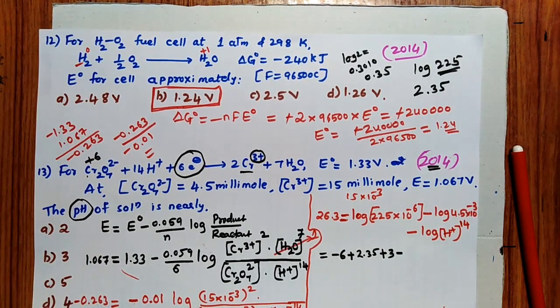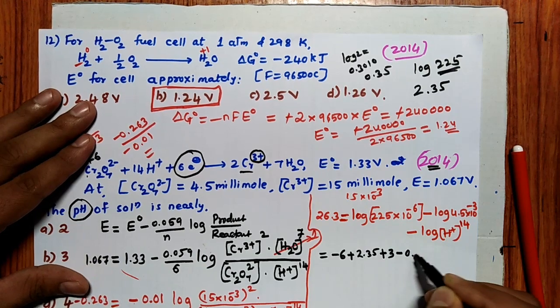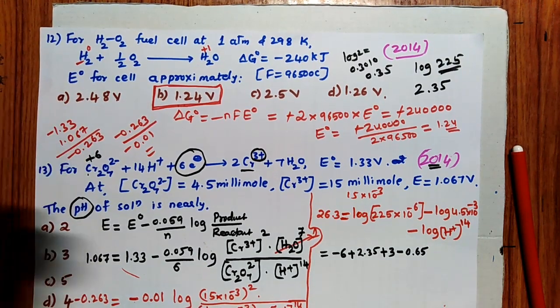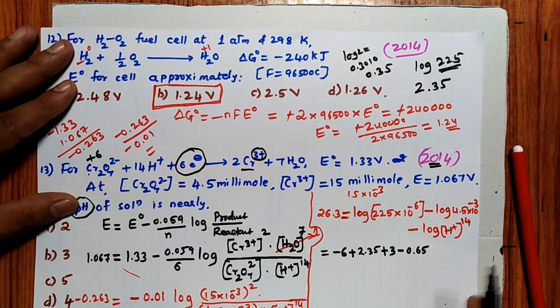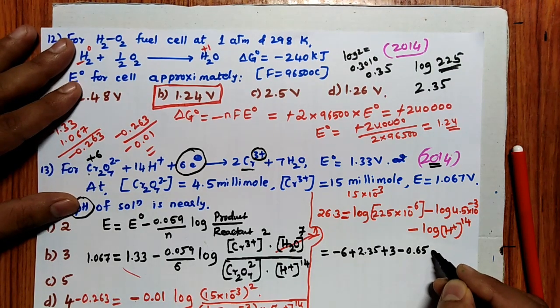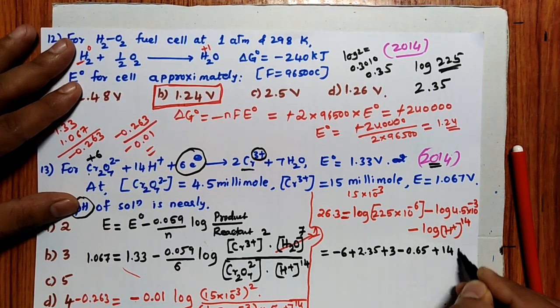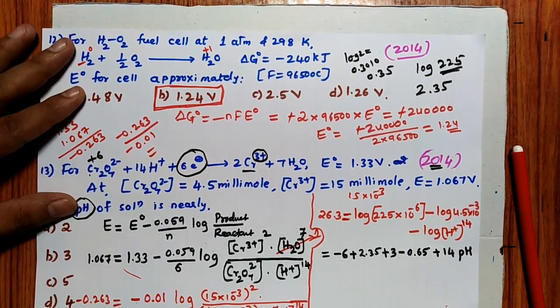What is log 4? 0.6020, right? Log 4 is 0.6020. So I will write it as 0.65. So in between I will take log 4.5 as 0.65 approximately. Here I can write plus 14 pH.